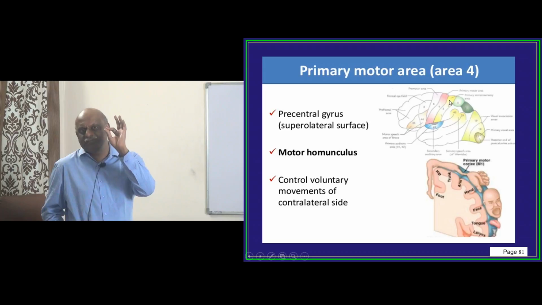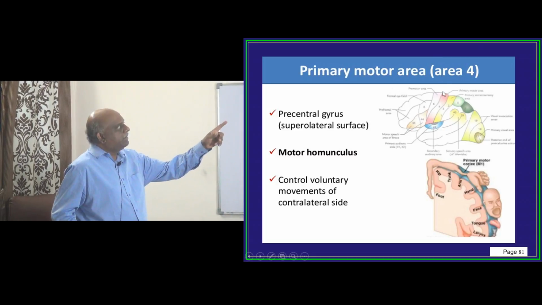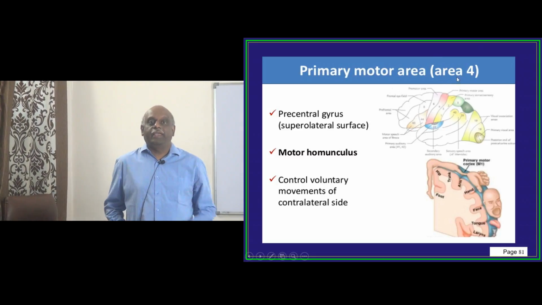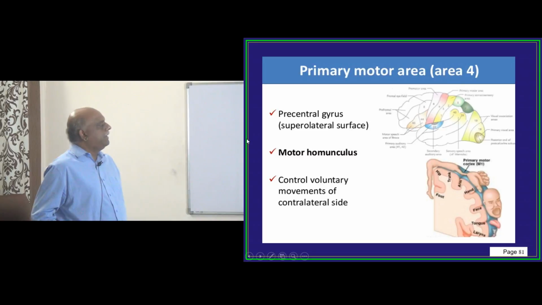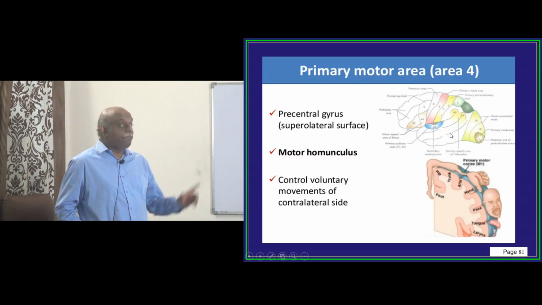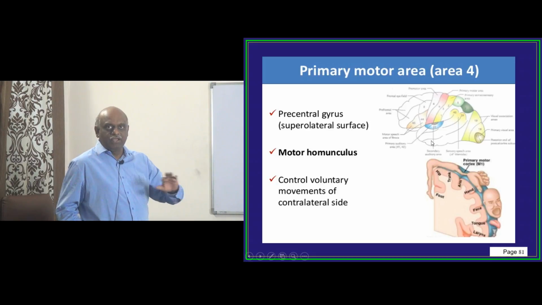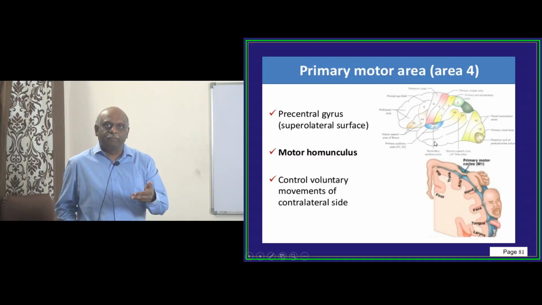2-3 points about each of these areas, you should be very good. One question will come. First of all, what is that area number? Area 4 is called the primary motor area. It is located in the precentral gyrus. There is one central sulcus. In front of it is the precentral gyrus, behind it is the postcentral gyrus.